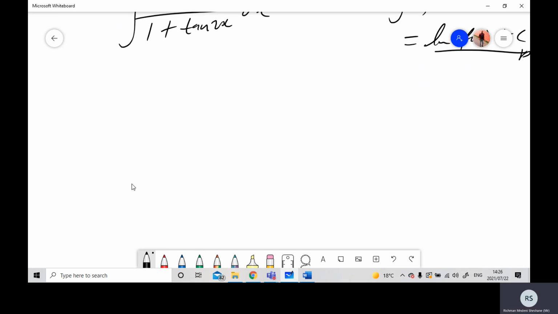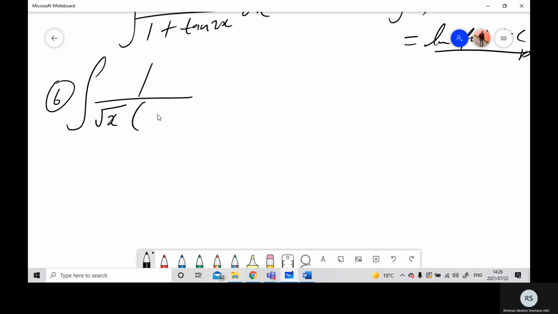Let's go to the final example on the log form. Let's say now we want to integrate, this is number 6, 1 over square root of x times 1 plus square root of x dx.